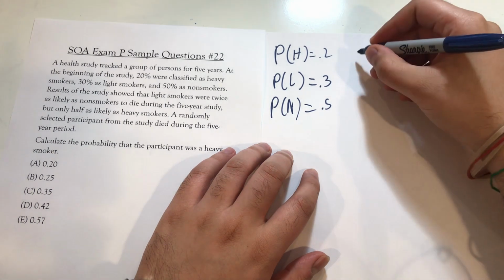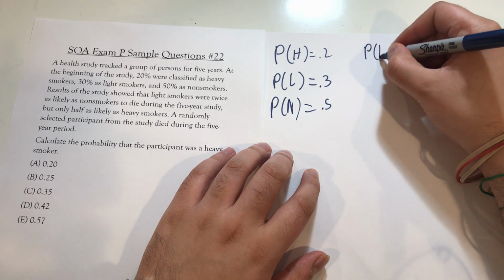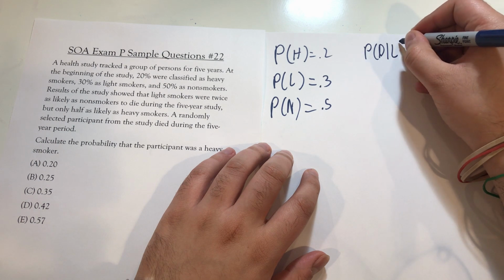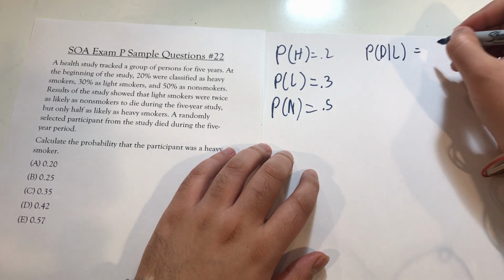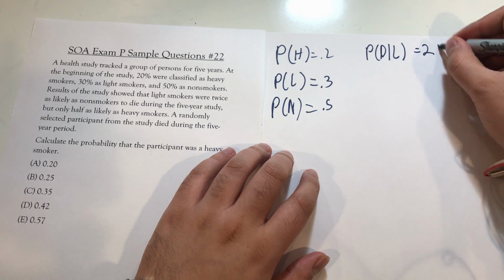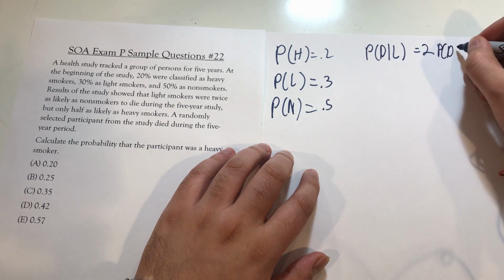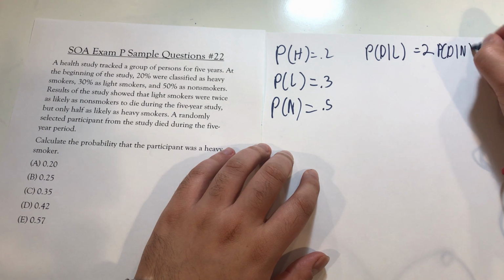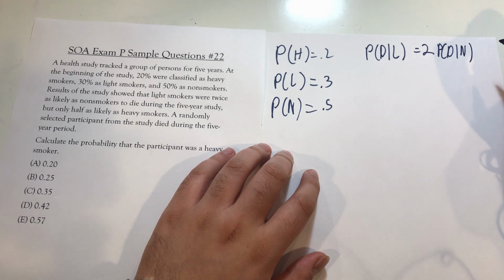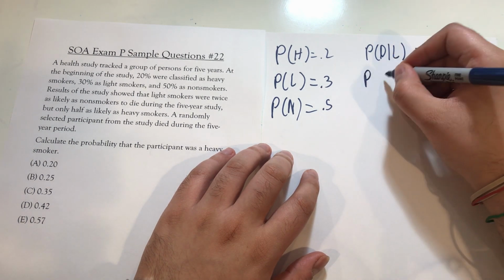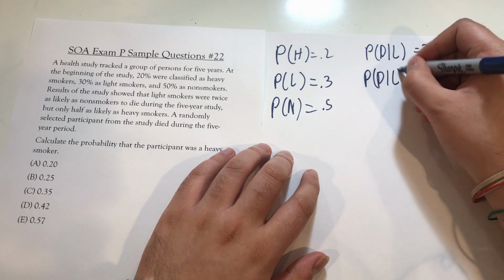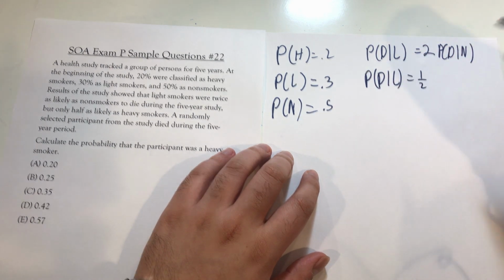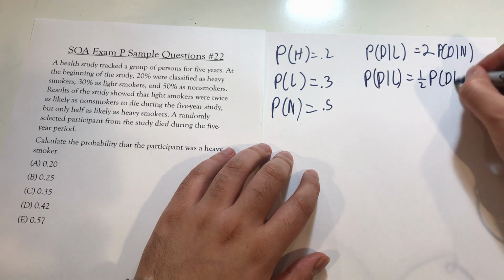So the probability of dying given you're a light smoker is equal to twice the probability of dying given you're a non-smoker. And then it says they were only half as likely to die versus heavy smokers, right? So the probability of dying given that you're a light smoker is equal to half the probability of dying given that you're a heavy smoker.